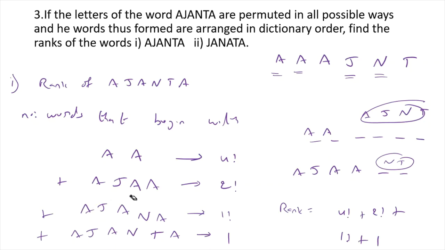And after AJAA, I will count all the words that begin with AJANA. But Ajanta starts with AJAN, so I have to take one more letter, which is going to be 1 factorial. And after that, we have the original word, which is 1. The number of words that begin with AJANTA is 1. So rank is equal to the sum of all these things.